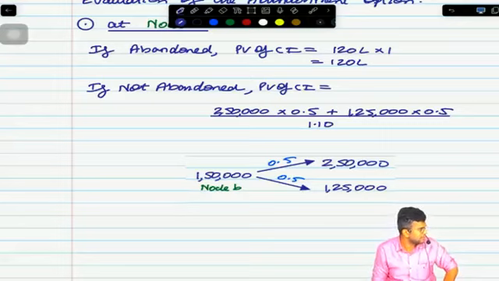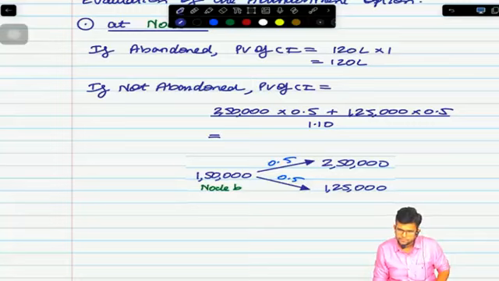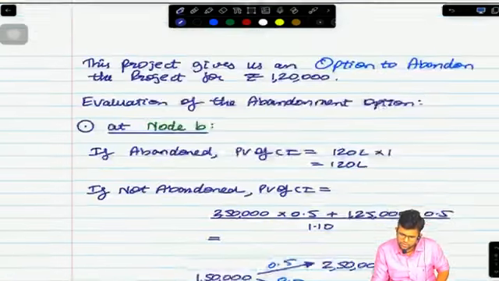Everybody clear now? The whole divided by 1.1, and this will come to how much, please?